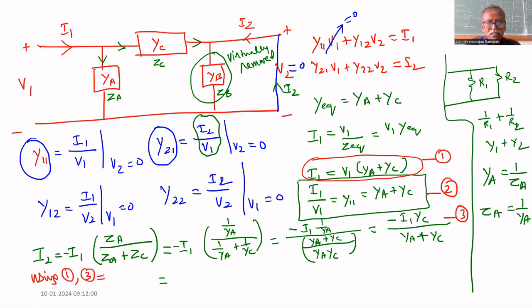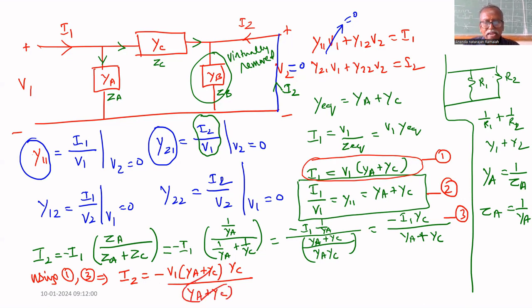Using 3, it can be written as I2 equal to minus I1, which can be written as V1 multiplied by YA plus YC, multiplied by the remaining YC divided by YA plus YC.